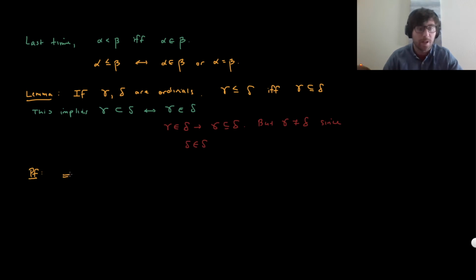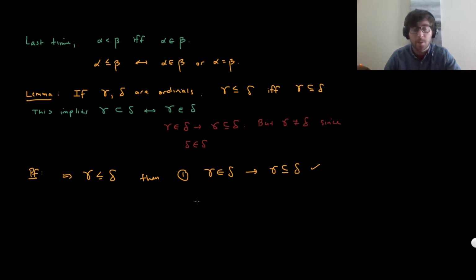For the forward direction, if we assume that gamma is less than or equal to delta, there are two options. By our definition of less than or equal to, either gamma is an element of delta, but then because delta is a transitive set, since it's an ordinal, we'd have that gamma is a subset of delta, and so we'd be done.